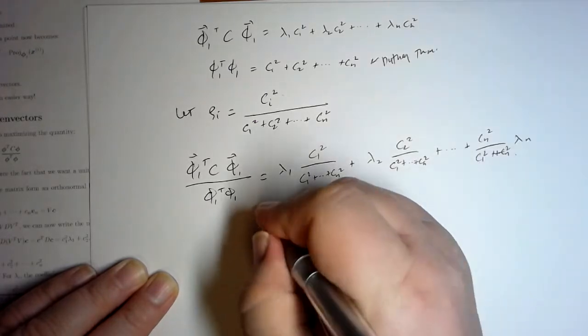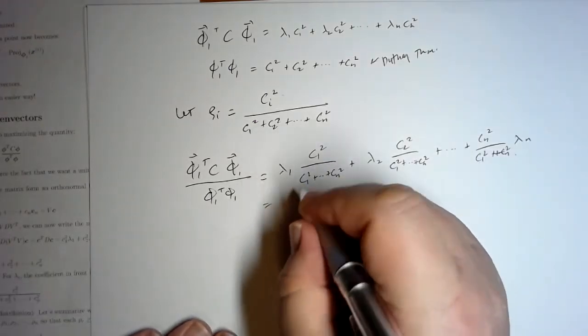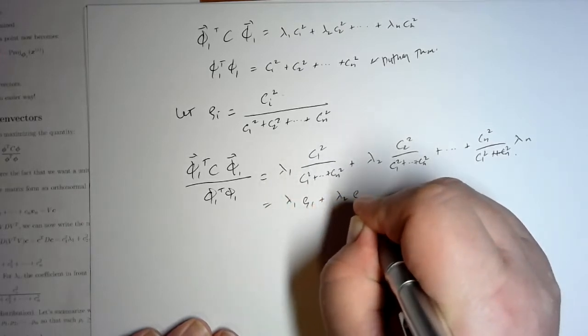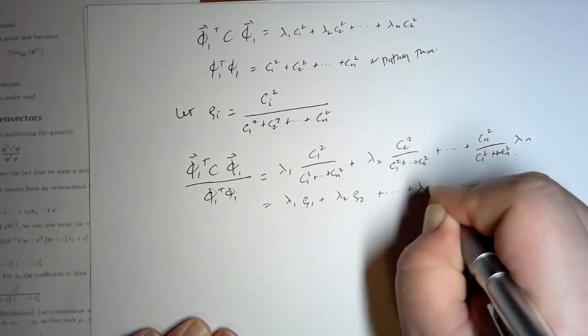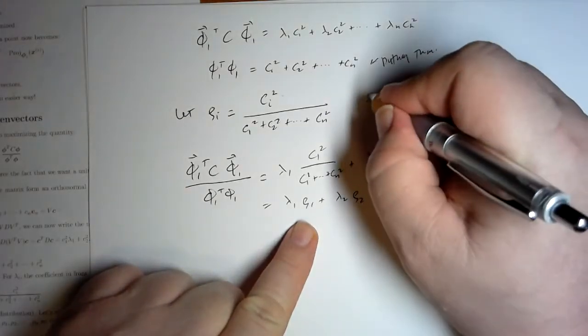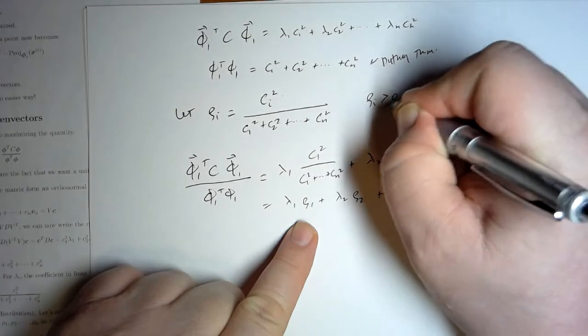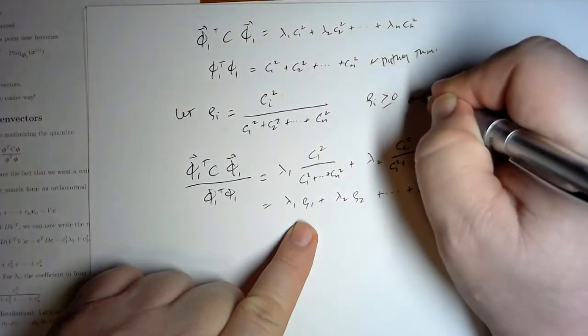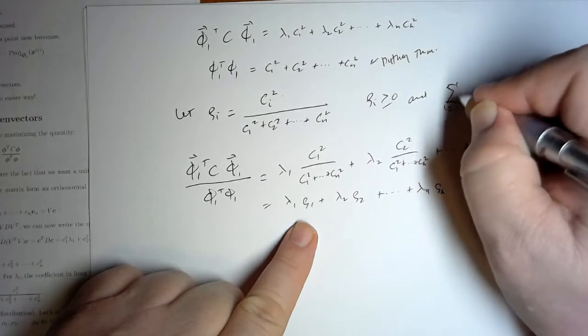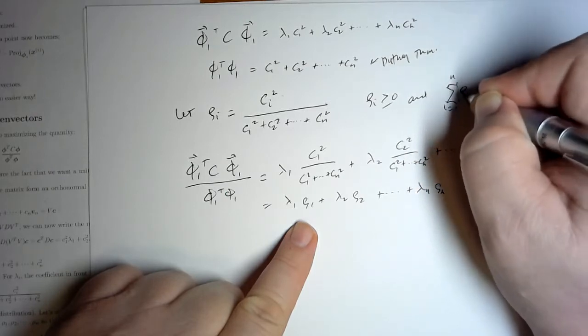Good. And so that's equal to, I'll go ahead and write down our rhos now: lambda 1 rho 1 plus lambda 2 rho 2 plus lambda n rho n. The important thing to notice is that each of the rho i's is greater than 0. And what's the sum of the rho i's, i equals 1 to n of rho i?